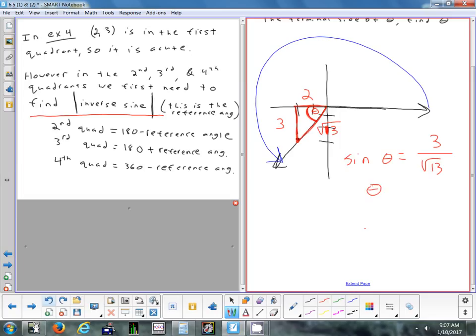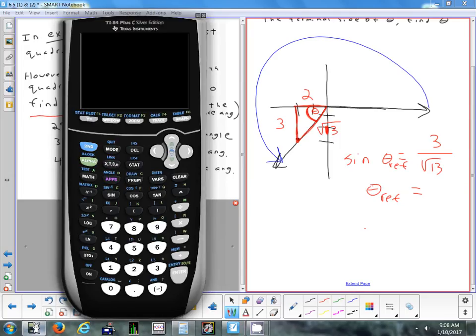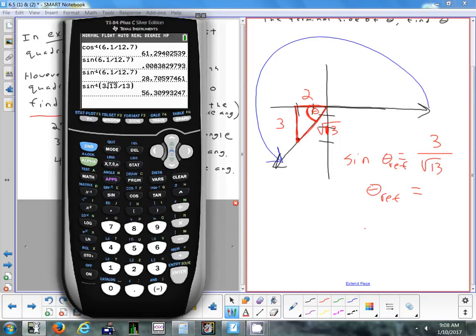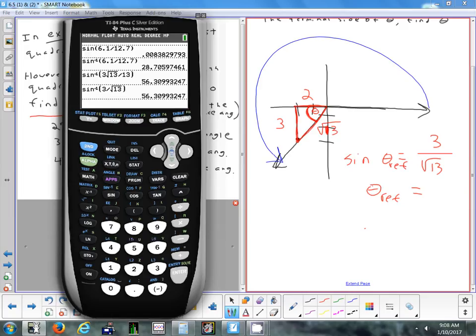This is just to find, I'm going to call it theta sub ref. Okay, it's just my reference angle. So how do I get rid of sine? Inverse sine of 3 divided by square root 13. So my reference angle, we already knew this, is 56.31.